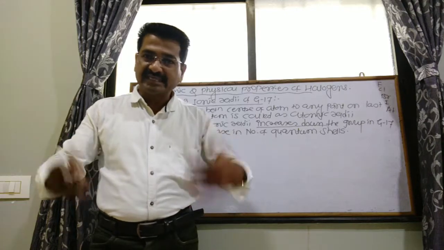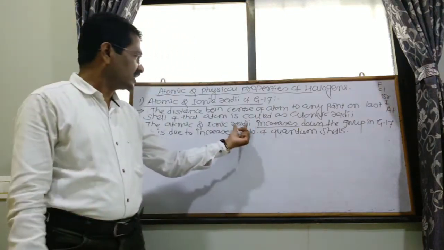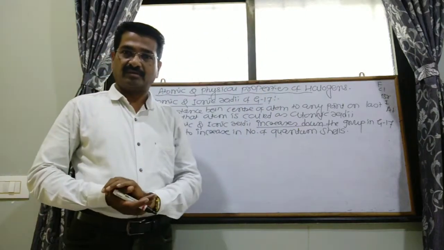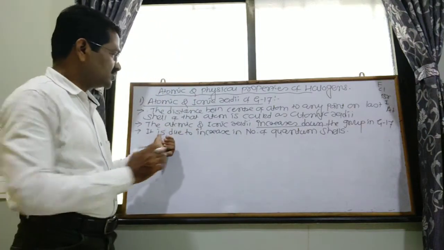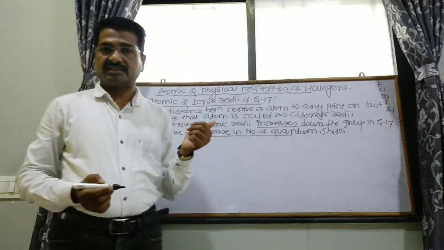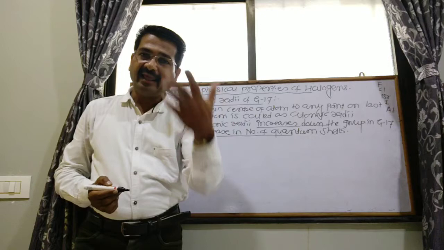By increasing the number of quantum shells, its atomic and ionic radii also increase. So this is the reason behind the increasing atomic and ionic radii. So this is the trend of G17 in groups.